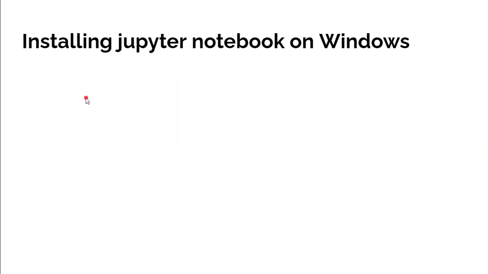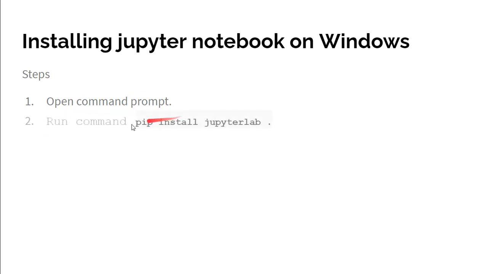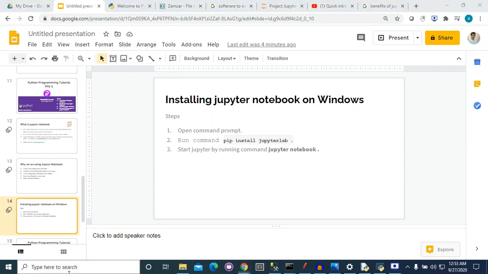And the next topic is installing Jupyter Notebook on Windows. The first step is that we need to open the command prompt and run the command pip install Jupyter Lab. Now we will open the command prompt.